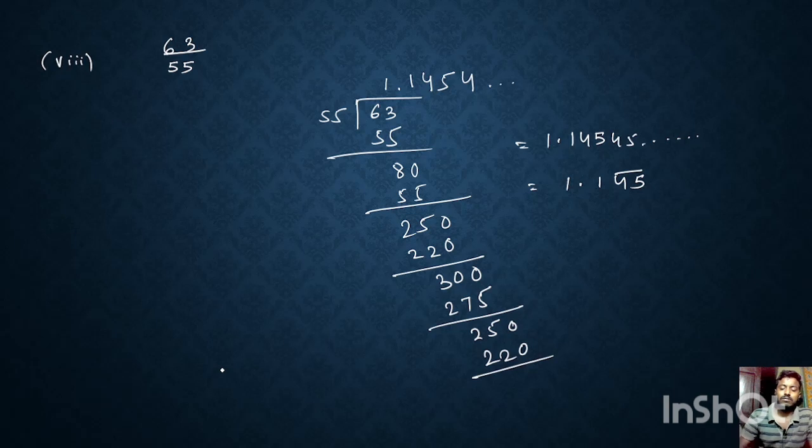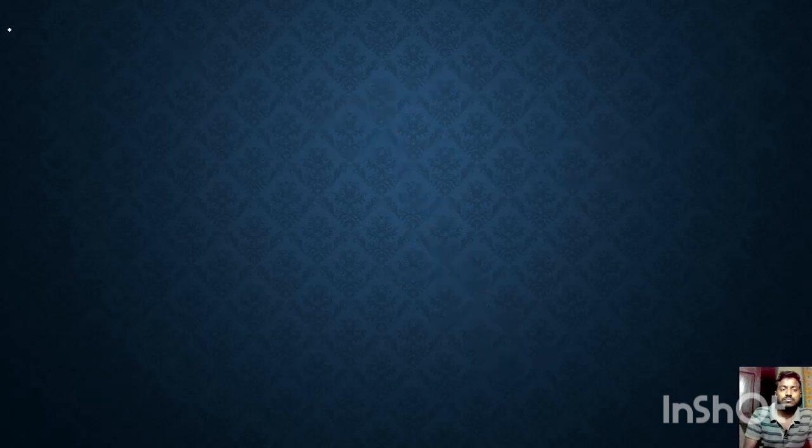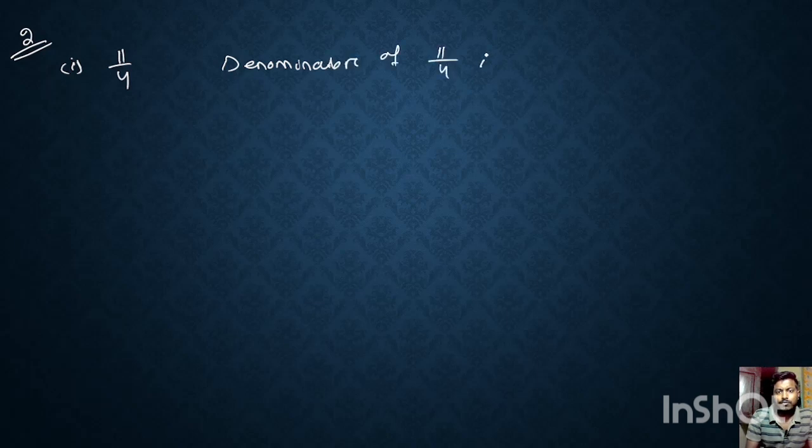Okay. Now question number 2. Without actual division, determine which of the following rational numbers have a terminating decimal representation. First I number, that is 11 divided by 4. So here the denominator is 4, yes or no? Now write down 4 as a product of prime factors, that is 2 into 2, yes or no?